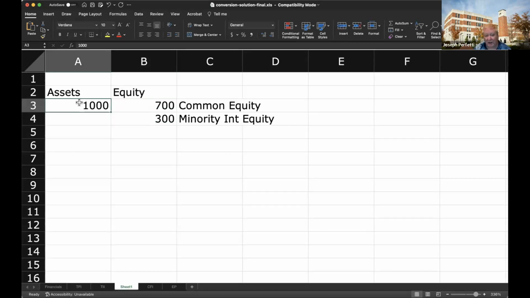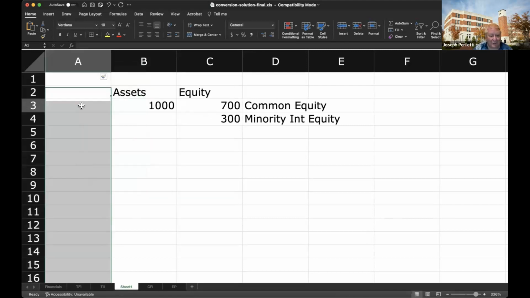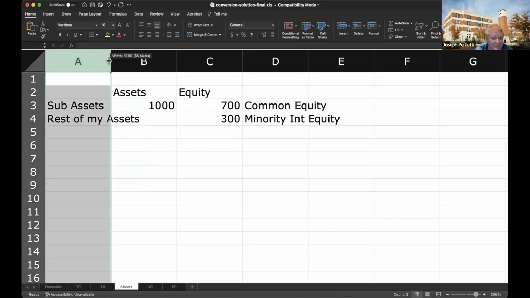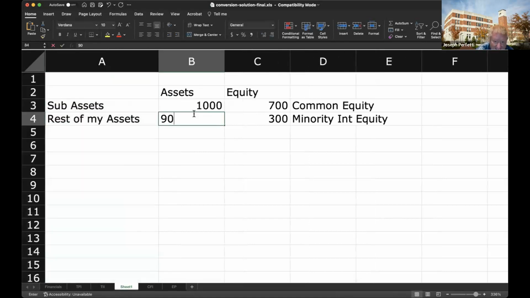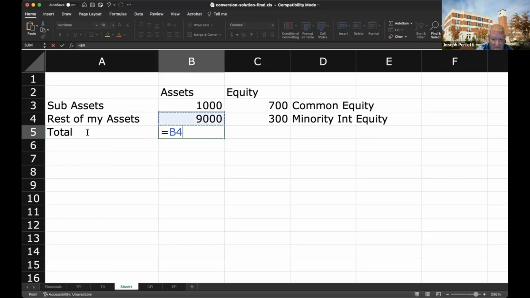Okay, but except it's more complicated because practically I don't have 1,000 of assets. What I have is in this subsidiary assets, I have 1,000, but the rest of my assets are, let's just say, keep the whole numbers wrong, 9,000. So my total assets are the sum of those two.